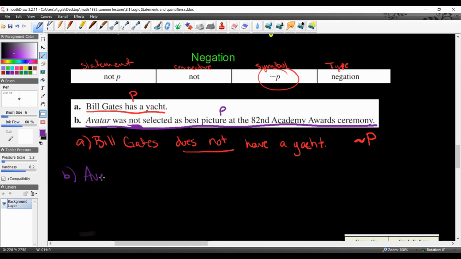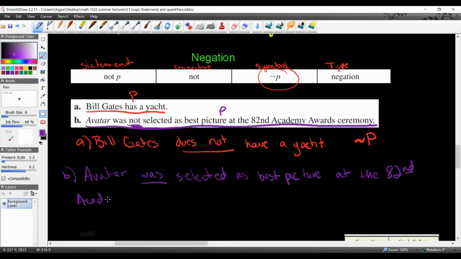And we're going to say that Avatar was selected as Best Picture at the 82nd, kind of a long sentence, sorry, 82nd Academy Awards ceremony. And this would be considered not P.